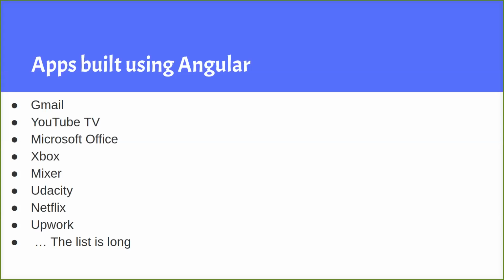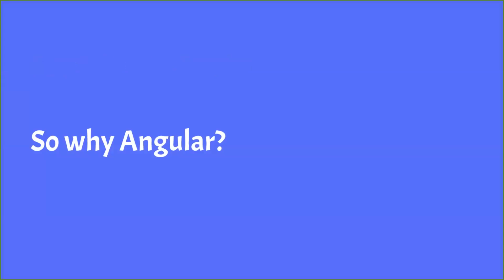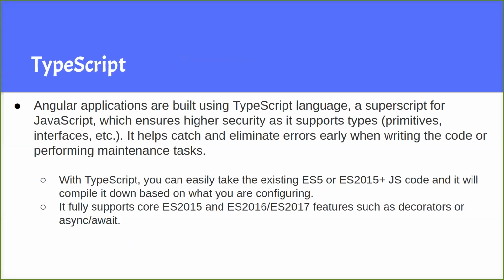With time, when you start working on the framework, you realize why it's very easy to decide to use Angular, especially if you're working on a large or huge project. So why Angular? The first thing is, of course, TypeScript. Angular applications are built on top of the TypeScript language, which is a superset of JavaScript.